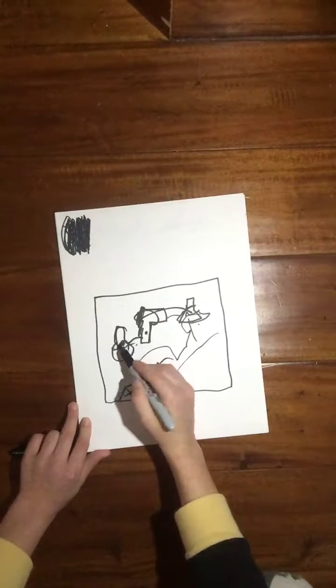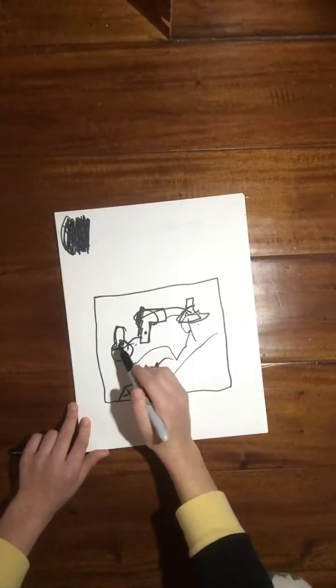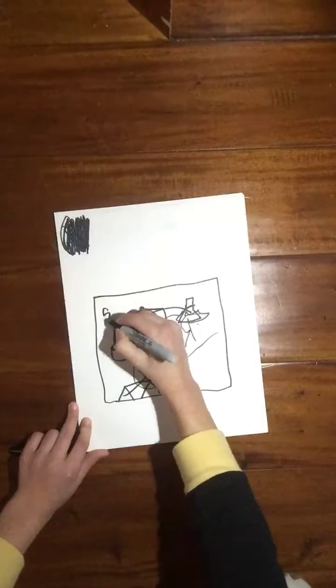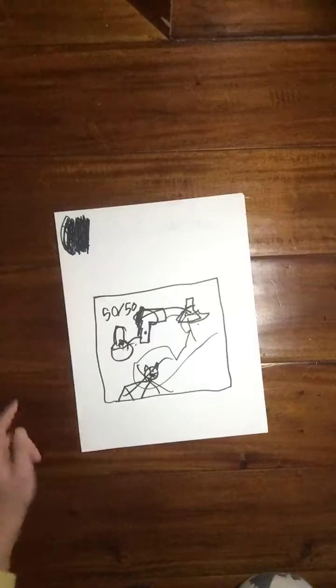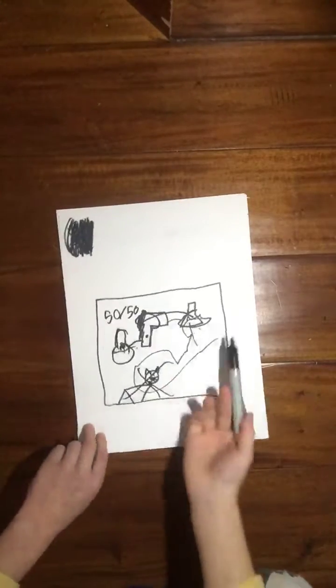Now the chance of one atom decaying in this substance is 50-50. So, half and half.